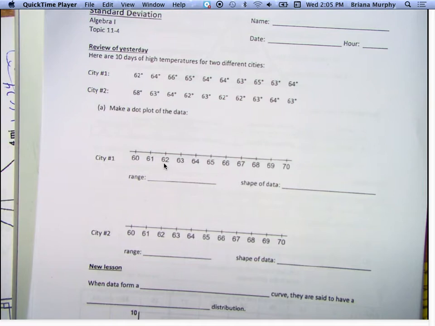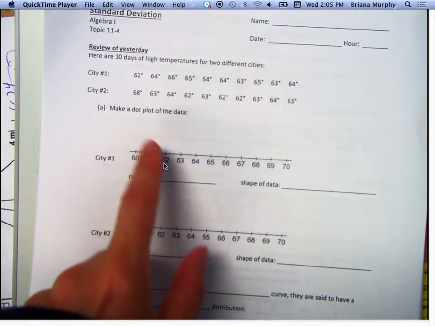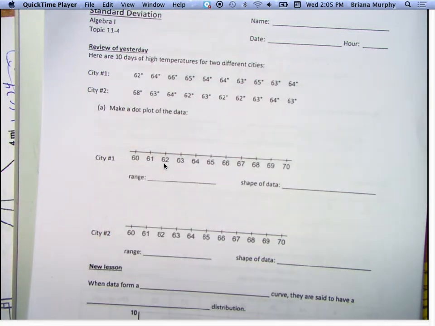Let's make a dot plot. You just put a number on top. The range. You take the biggest one minus the smallest. Make sure you do both of them.